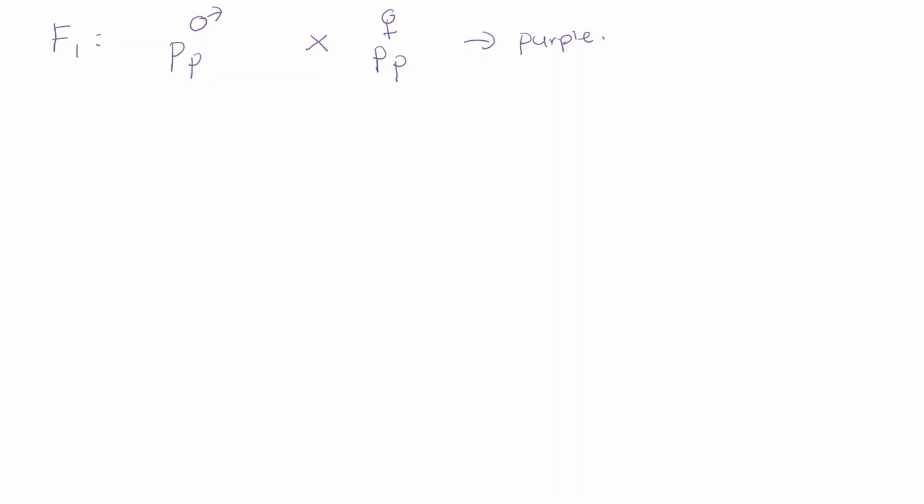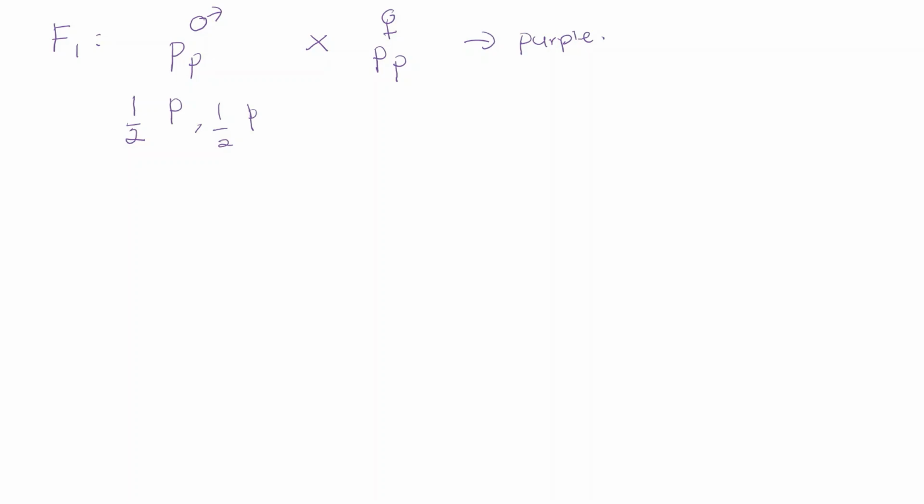The next step is that you have to determine the gametes for both of the parents. For the gametes of these two individuals, 50% of the gametes would have the dominant P allele, and the other 50% of the gametes would have the recessive small p allele.